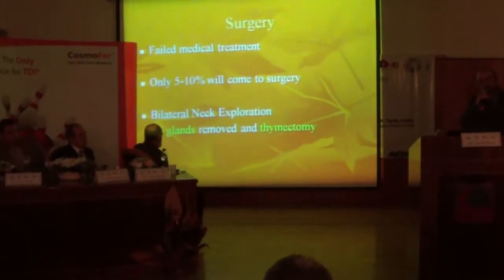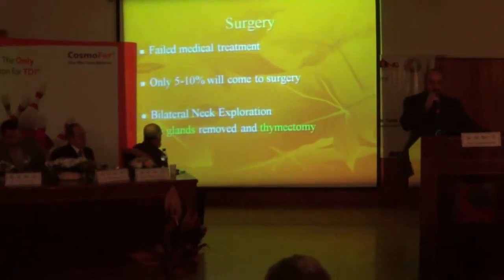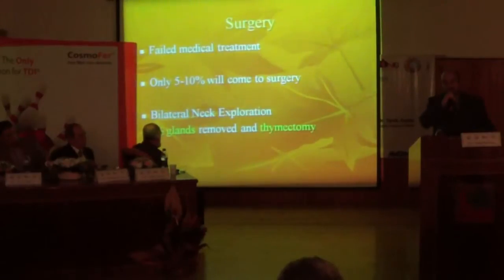Only 5 to 10% of them will land in surgery. The operation of choice, because we'll discuss it later, we remove 3.5 glands. And I put million lines under thymectomy as well.